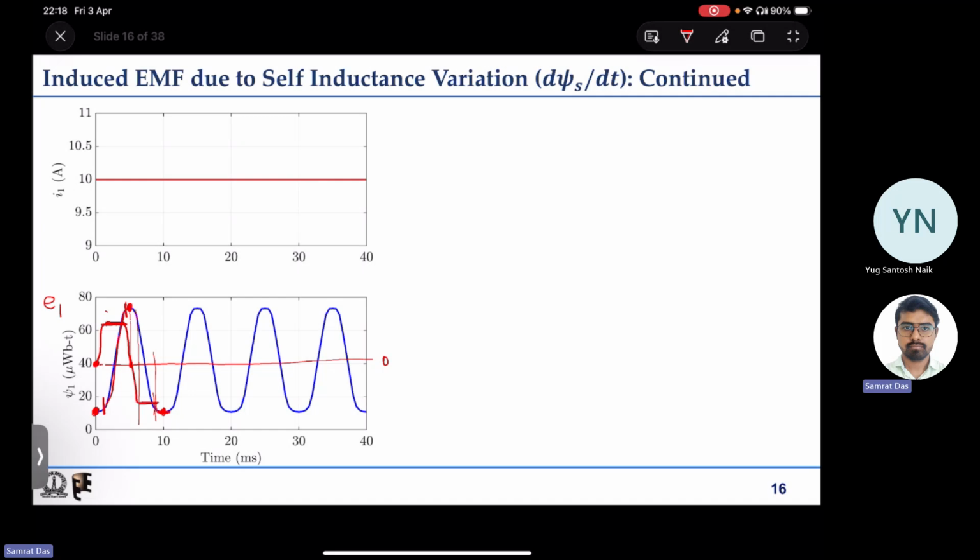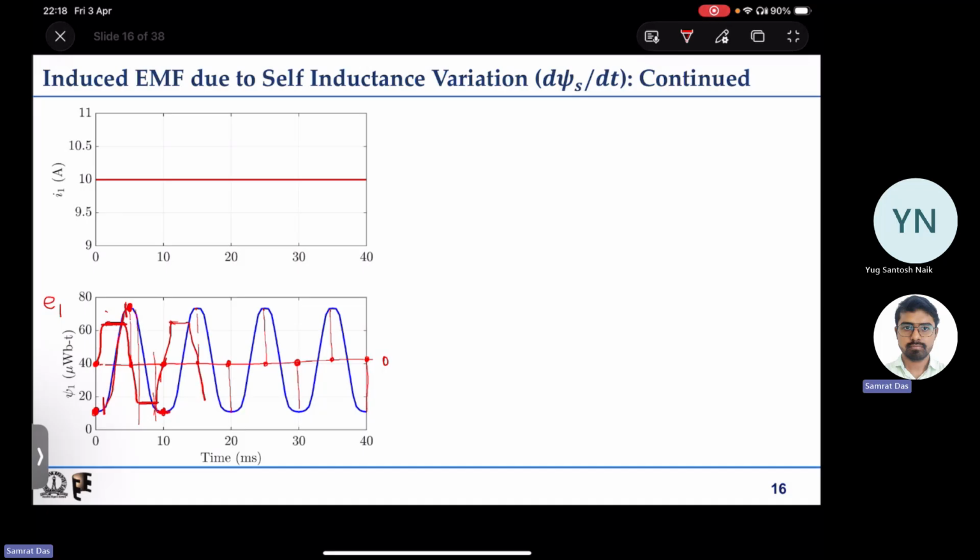This same thing continues wherever you have a positive or negative peak of flux linkage: the induced EMF is 0. In the positive slope region, the induced EMF is positive and almost constant, and in the negative slope region, the induced EMF is negative and almost constant.